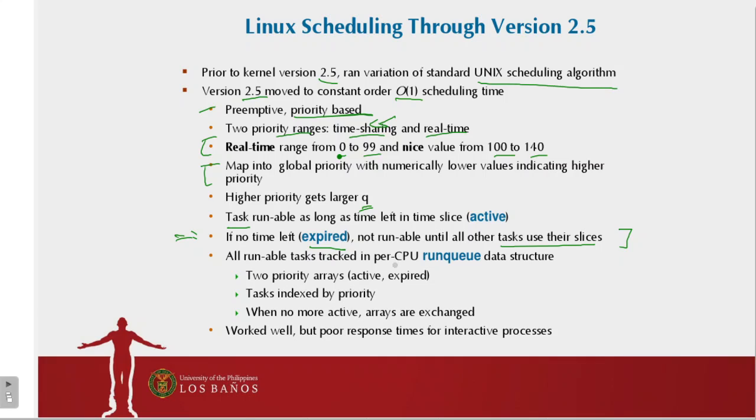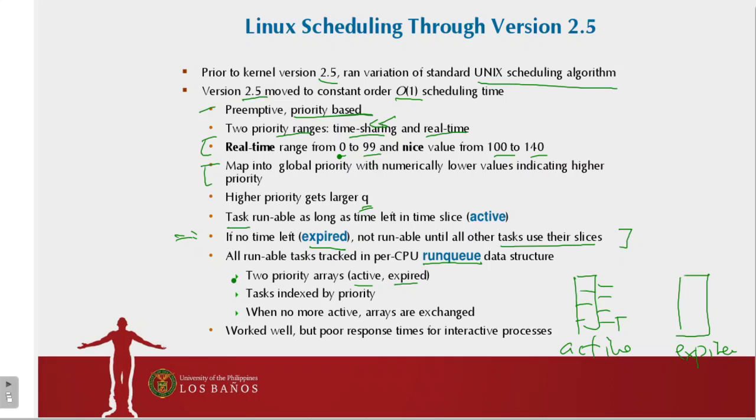All runnable tasks are tracked in a per-CPU run queue with a structure similar to the ready queue, which is actually two priority arrays. We have active and expired, and the tasks are indexed by priority, and when no more active tasks remain, the arrays are exchanged. It worked well but had poor response time for interactive processes. So the idea is you have something like this. These are active and these are expired.